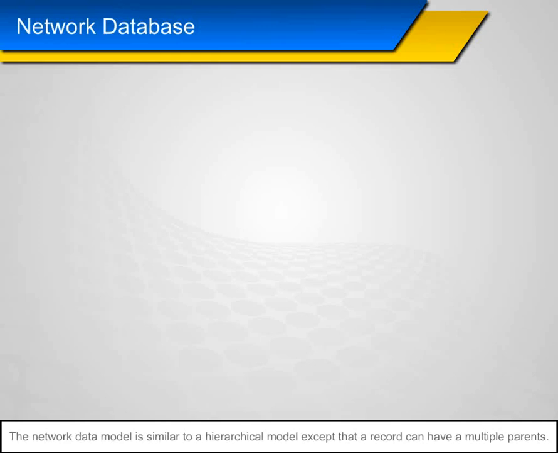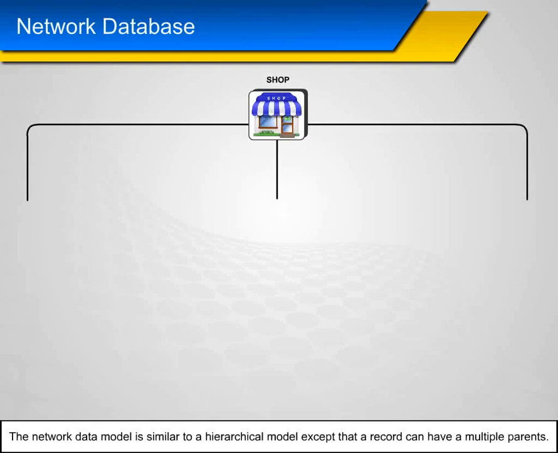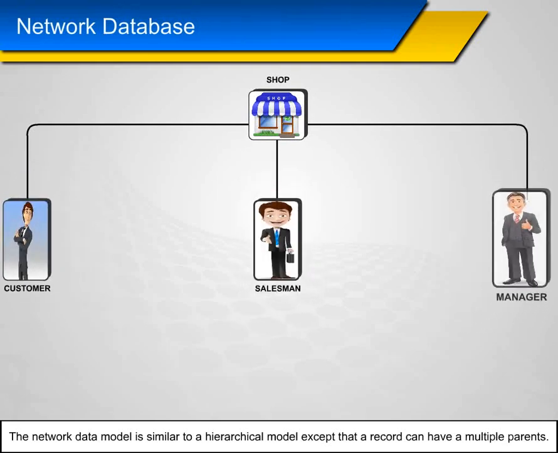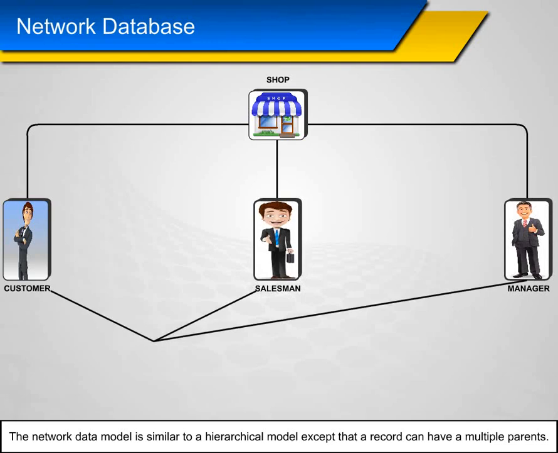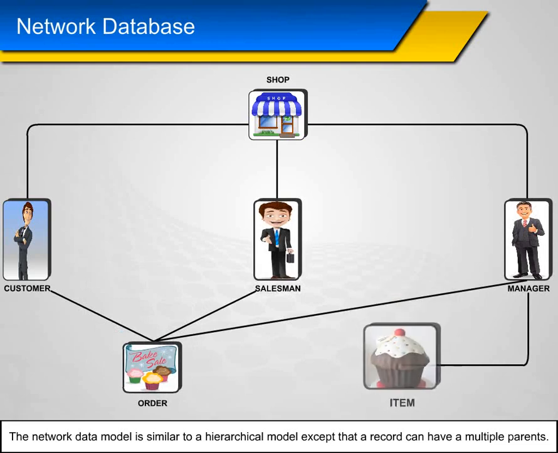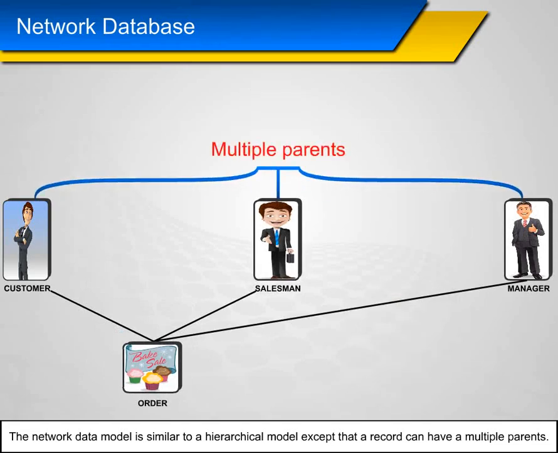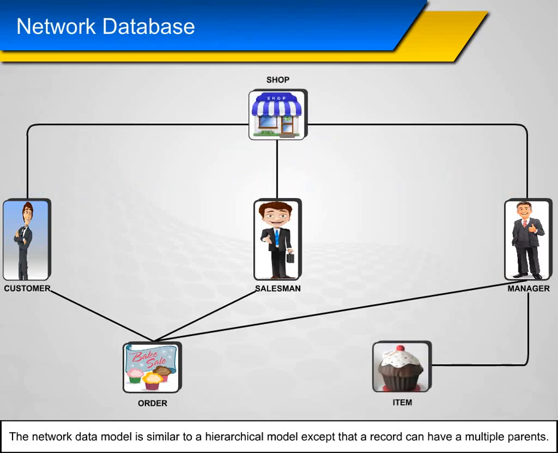Network database. The network data model is similar to a hierarchical model, except that a record can have multiple parents.